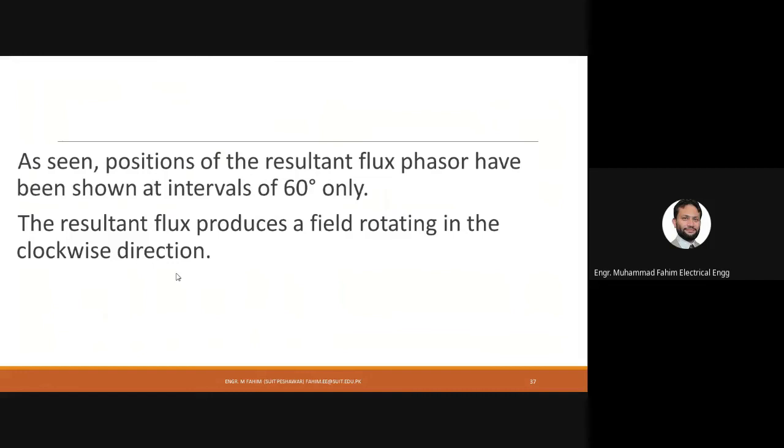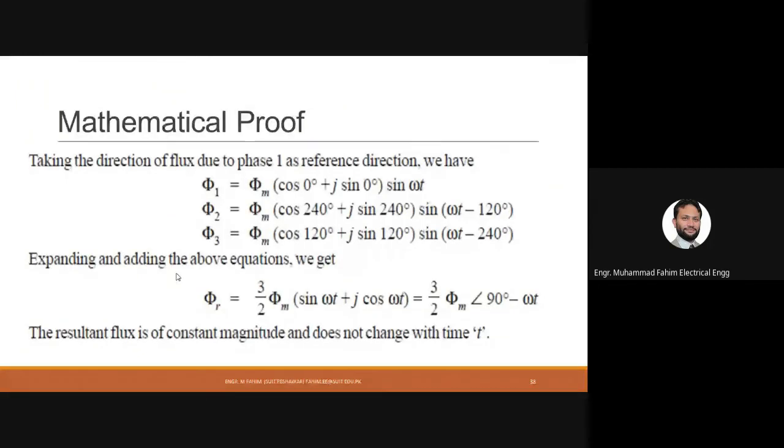So mathematically, taking the direction of flux due to phase 1 as the reference direction, we have phi 1 is equal to phi max (cos theta 0 plus j sin theta) into sin omega t, and phi 2 is equal to phi max (cos 240 degrees plus j sin 240 degrees) into sin(omega t minus 120), and phi 3 is equal to phi max (cos 120 degrees plus j sin 120 degrees) into sin(omega t minus 240).